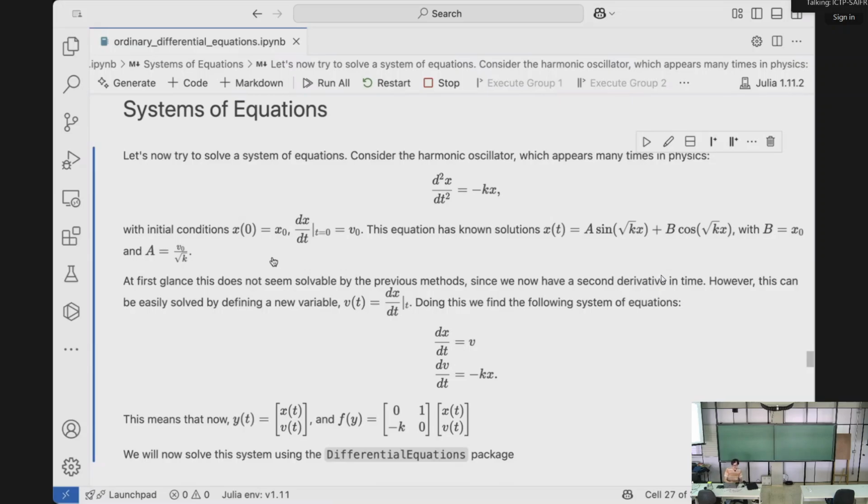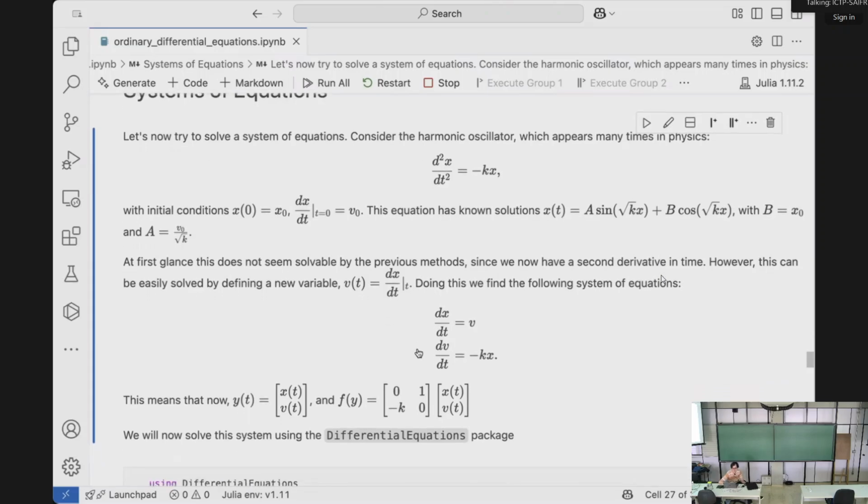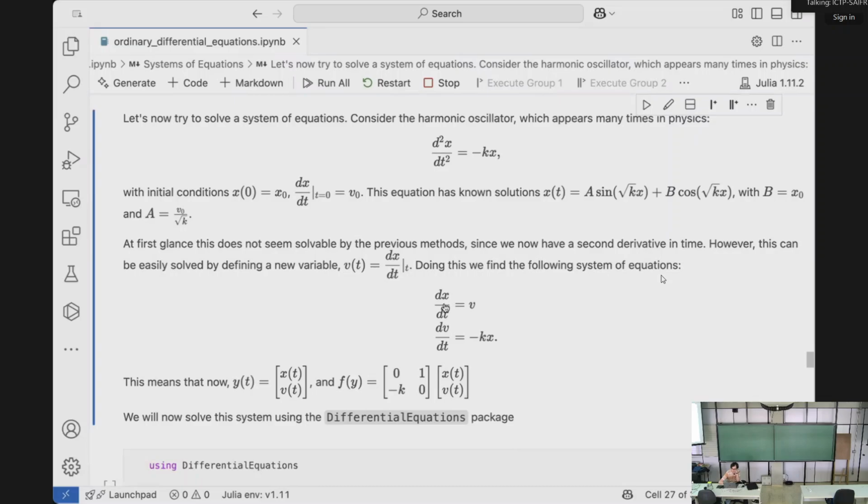So when we see this at first glance, it looks like this has nothing to do with what we were doing before, because here we have a second derivative in time, not a first derivative in time. But we can also convert this to a system of equations, just by defining the velocity v equal to the derivative of x with respect to time, right? So if we do this trick, then the derivative of x with respect to time is equal to the velocity, and the derivative of the velocity with respect to time is equal to minus k times x, right? So this equation here.